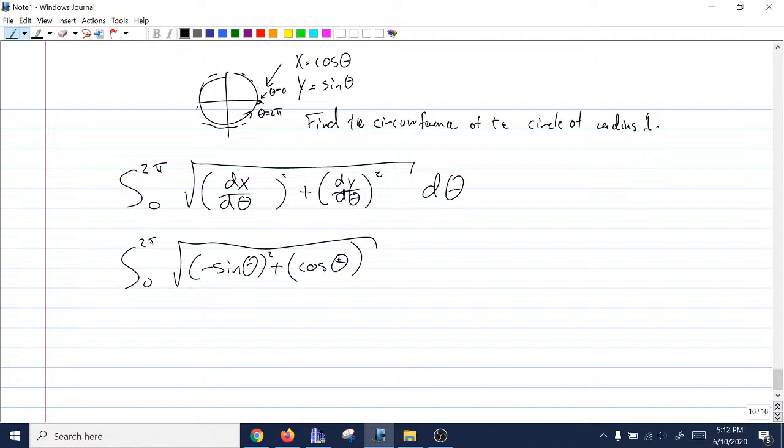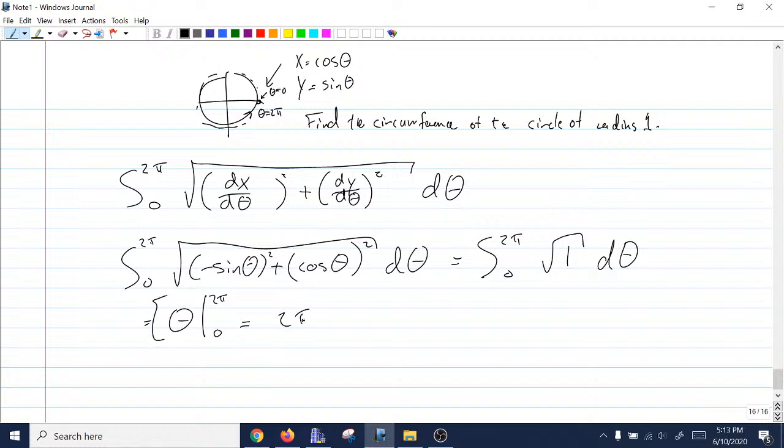Derivative of that is cosine theta. The negative goes away when you square it. I get sine squared plus cosine squared. I know sine squared plus cosine squared. That's 1. I'm integrating 1 from 0 to 2 pi. The integral of 1 is theta. Evaluate that from 0 to 2 pi. You get 2 pi minus 0 is 2 pi.